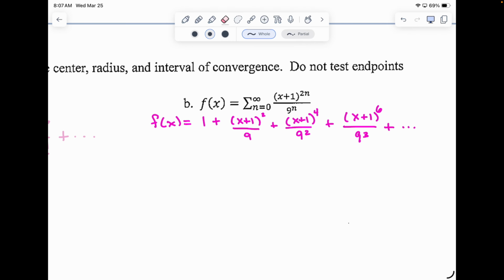If I separate the x term from that coefficient, or constant portion, if you will, what do you notice about this series?